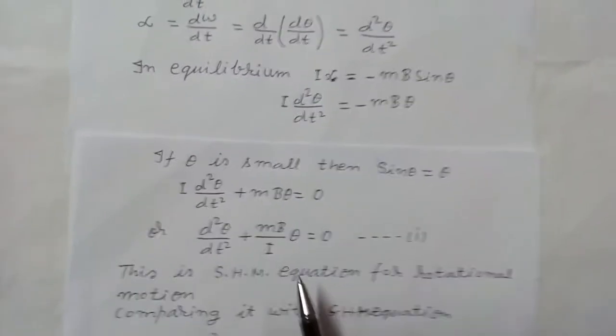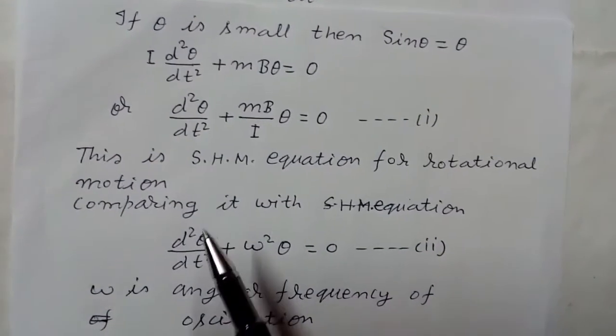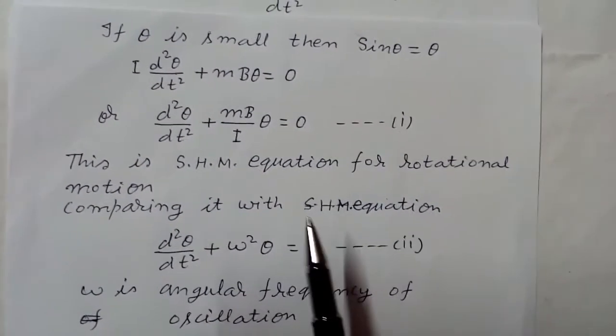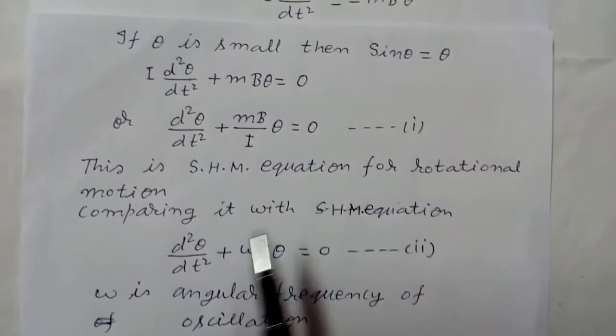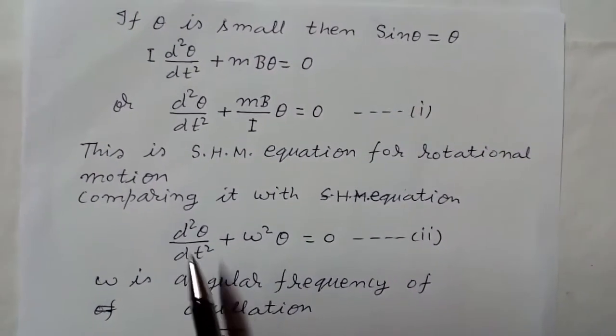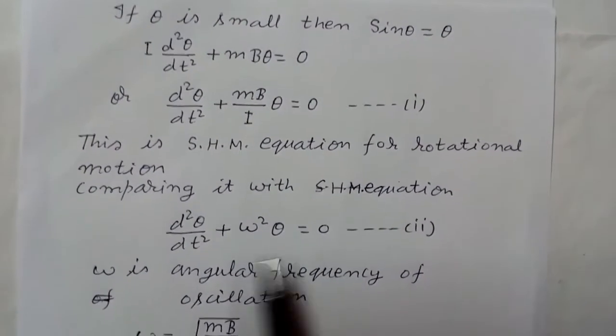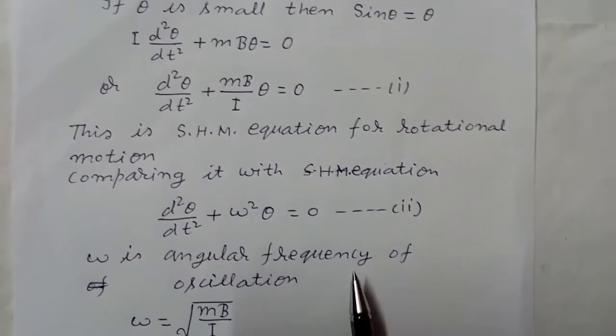Now this is the simple harmonic equation for rotational motion, and we know that the differential equation for simple harmonic motion is d square theta upon dt square plus omega square theta is equal to 0. Here omega is the angular frequency of oscillation.